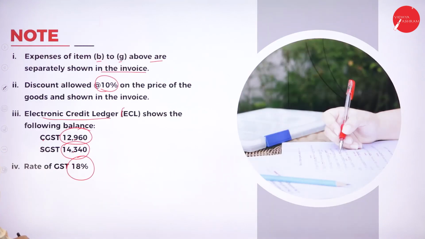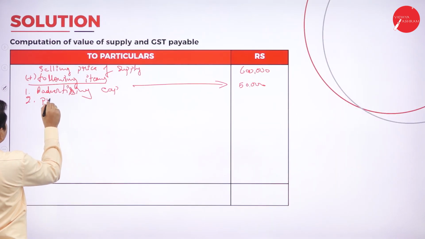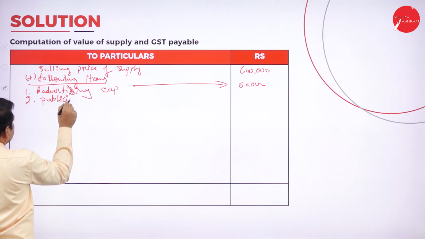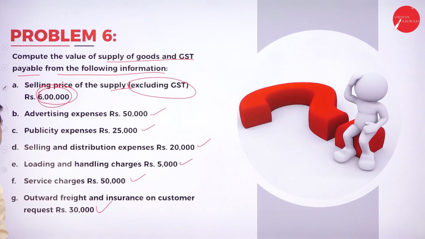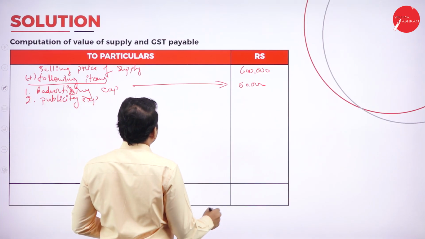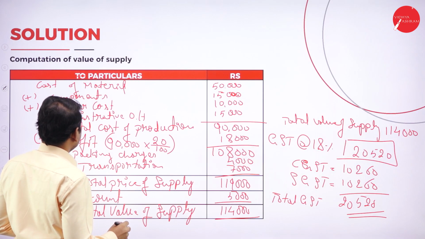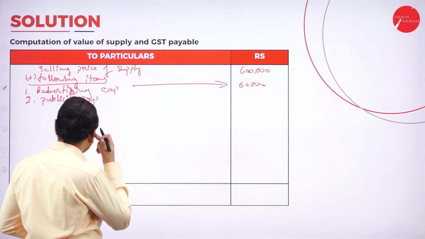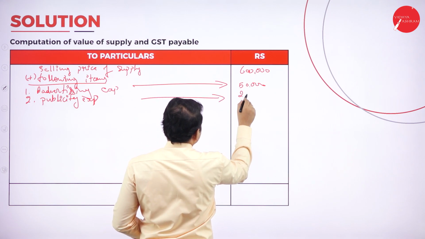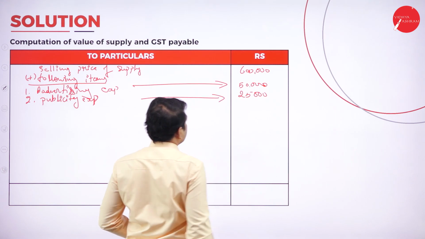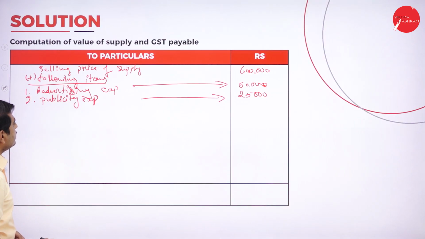Second one, publicity expenses 25,000. Next one, selling and distribution expenses 20,000.